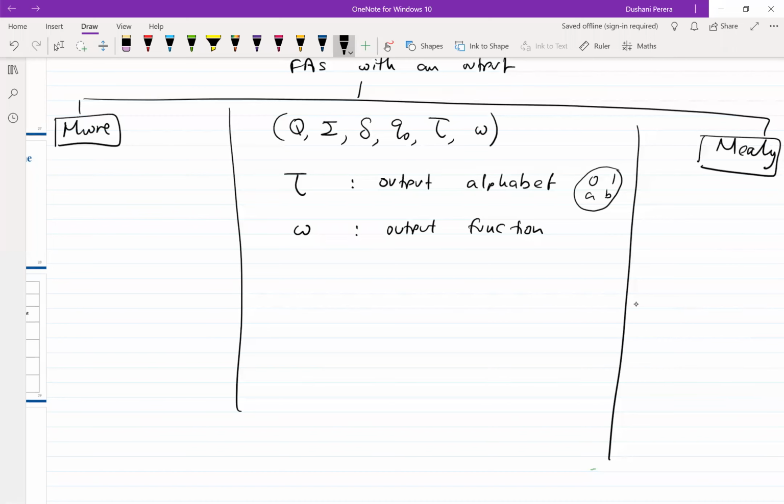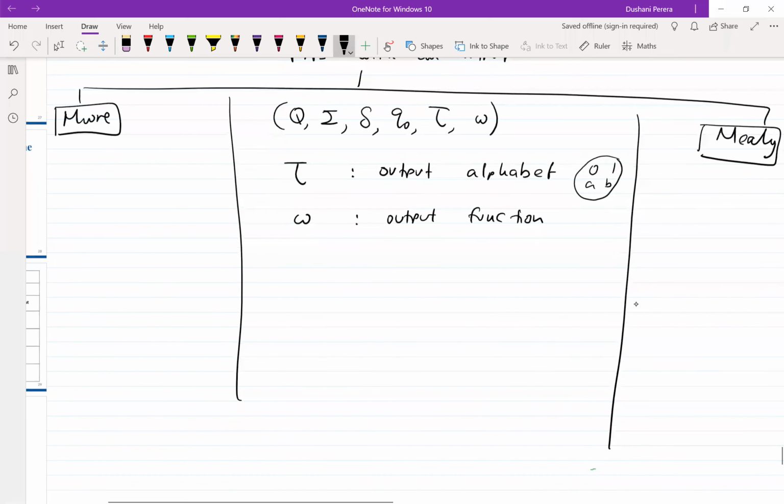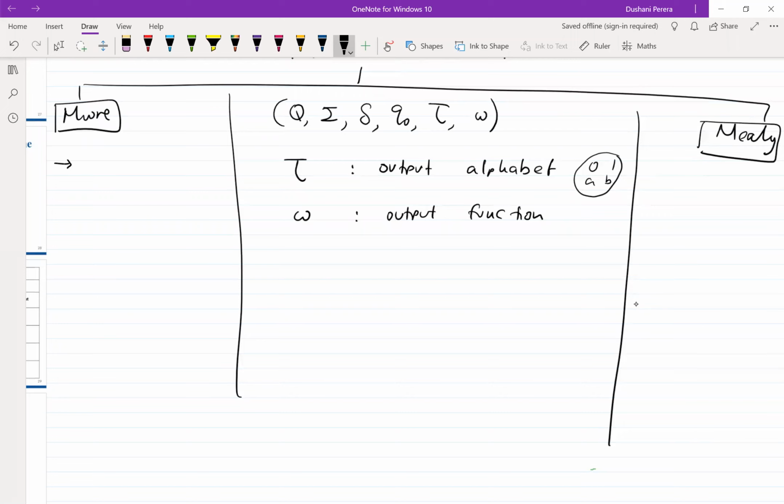So a Moore machine will look like this. As you see, there's an addition to this diagram which we have not seen before. The state has a symbol.